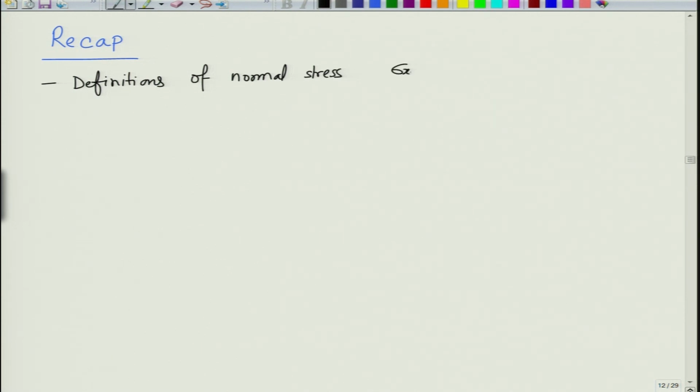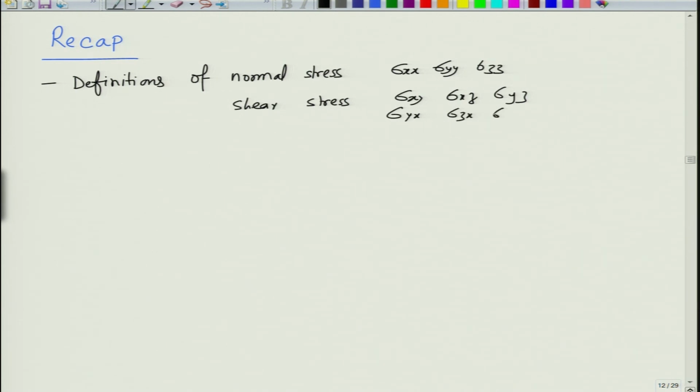which could be sigma xx, sigma yy, sigma zz, or we can have shear stress, which is sigma xy, sigma xz, sigma yz, and this could be also yx, zx and zy, and these are generally referred to as tau ij instead of sigma.